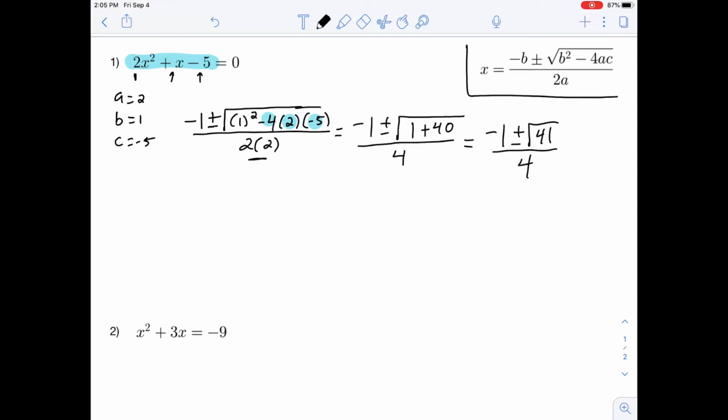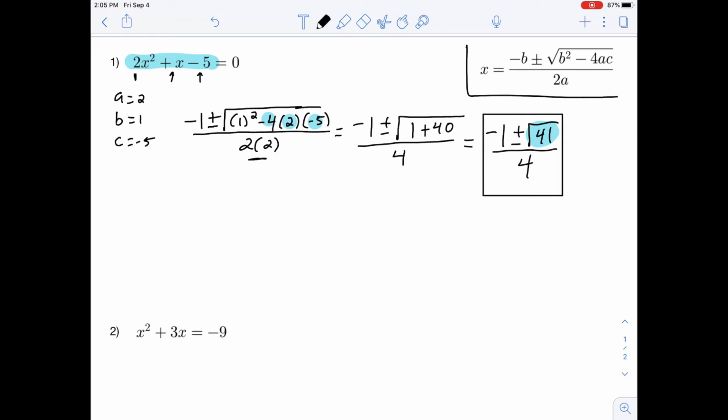So now at this point, you want to look at this radical to see if you can simplify it. If you can simplify it, you want to go ahead and do that because you may be able to simplify the answer even more. Well, for this problem right here, the square root of 41 is already simplified, so there's nothing else we can do. So this is the answer, -1 plus or minus the square root of 41 over 4.